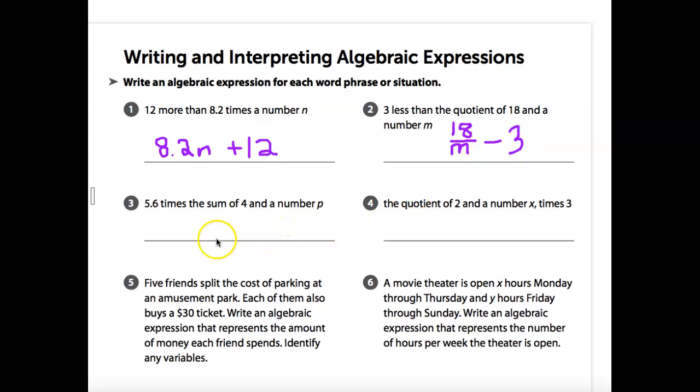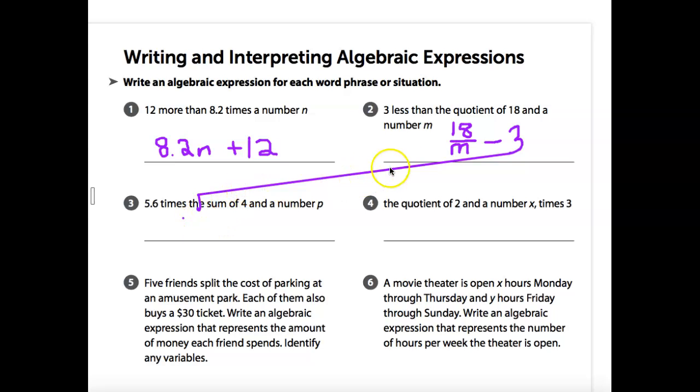All right, so let's look at this one. It says 5 times the sum of 4 and number p. So we have to come up with the sum. Oh, this is going to erase everything. Hold on. Oh, it didn't.